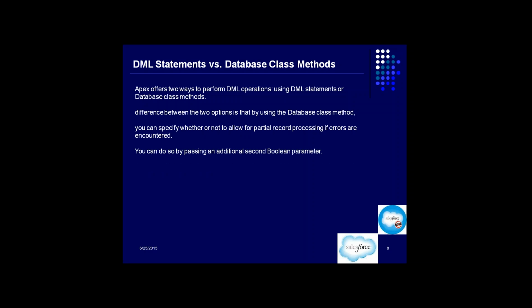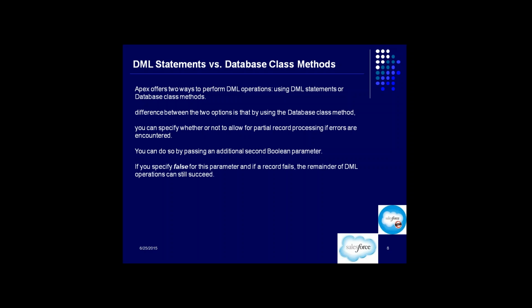Which means while you're using a database class method, you have the choice of allowing partial record processing or not allowing that. That's your discretion, right? But for a normal DML operation like insert or update, there is no way you can do the partial thing. It will either get completed or be completely rolled back.